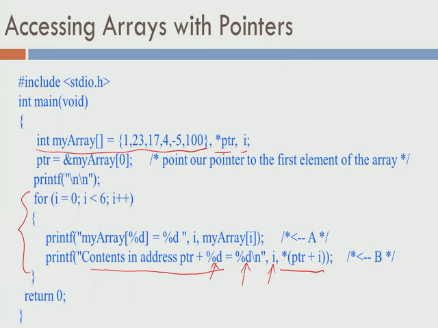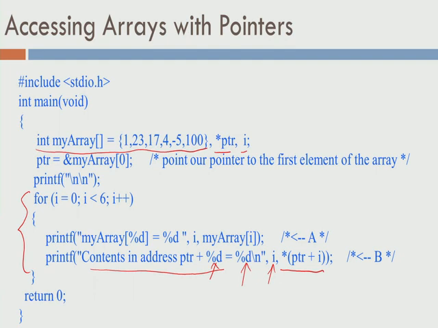You will see contents of ptr plus 0, contents of ptr plus 1, contents of ptr plus 2 and so on, all the way up to ptr plus 5. Star of ptr plus I means take ptr plus I, which means move it by appropriate number of locations from the base and dereference it using the star operator. I am going to call this line B.